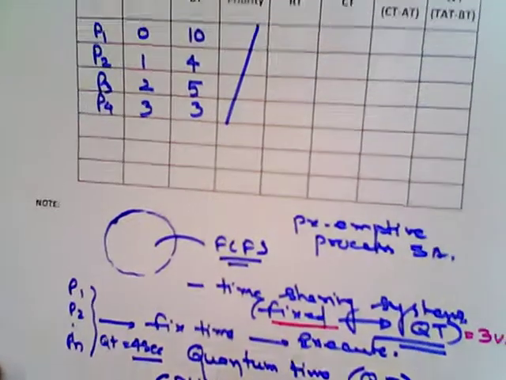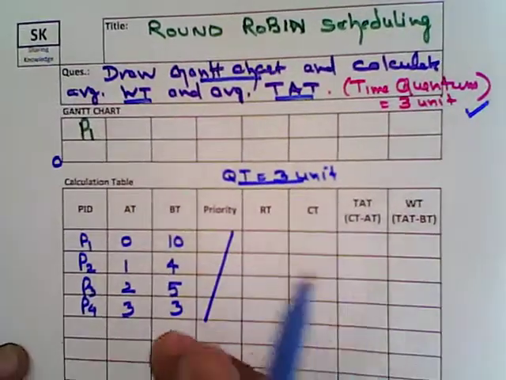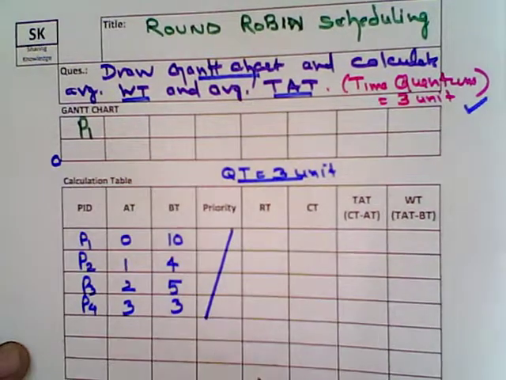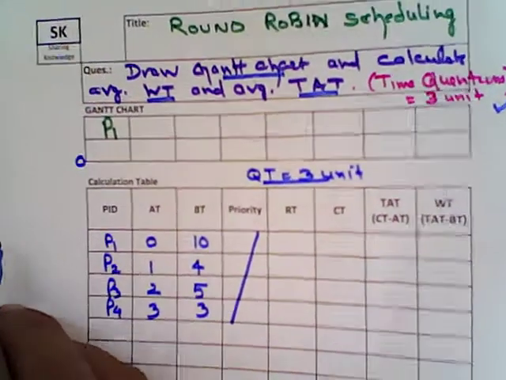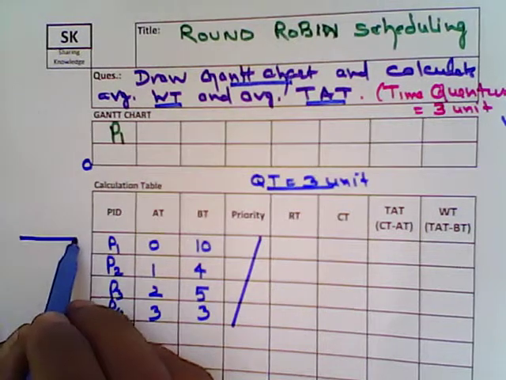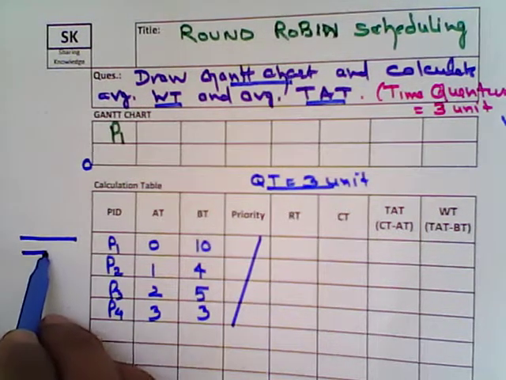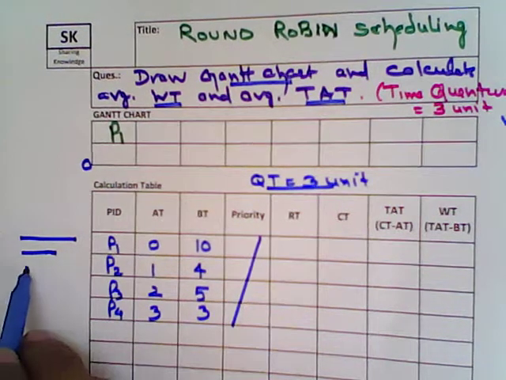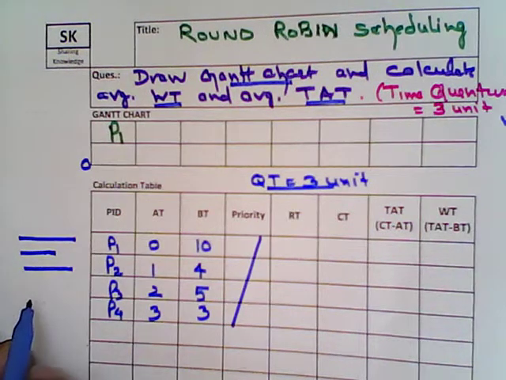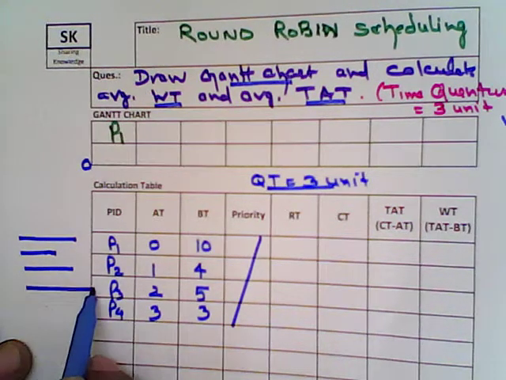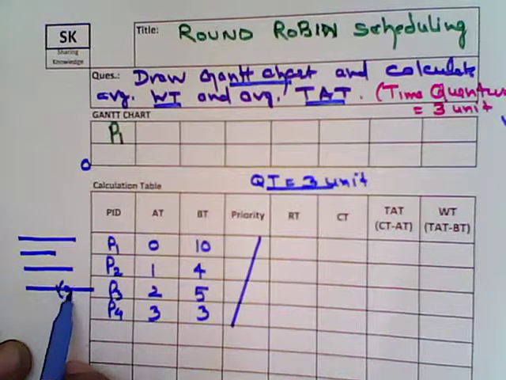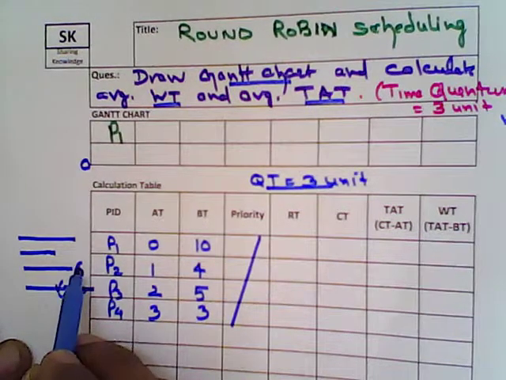Now, as you know, it is preemptive. Preemptive means the first process goes for 10, the next for 4, P3 for 5, and P4 for 3, and then this goes for 5, this for 4, and this for 10.